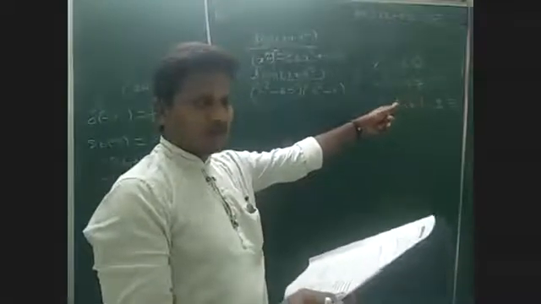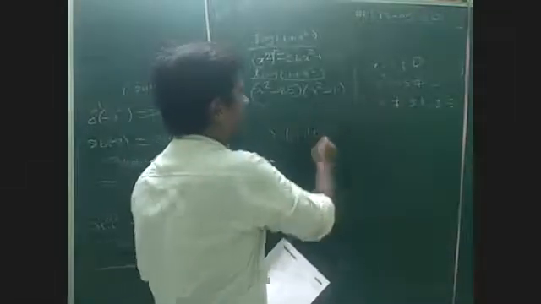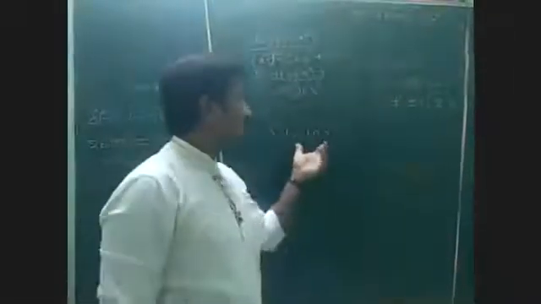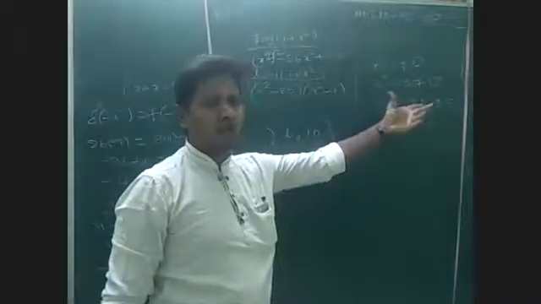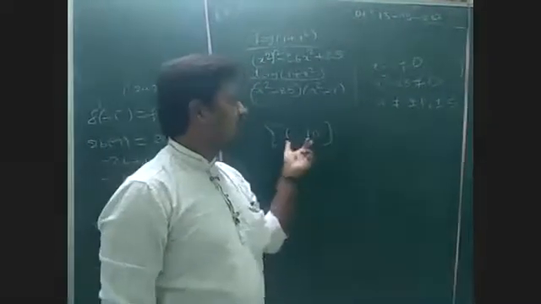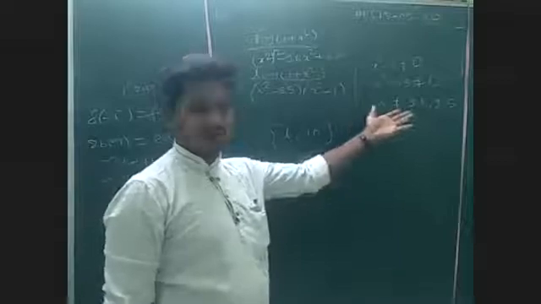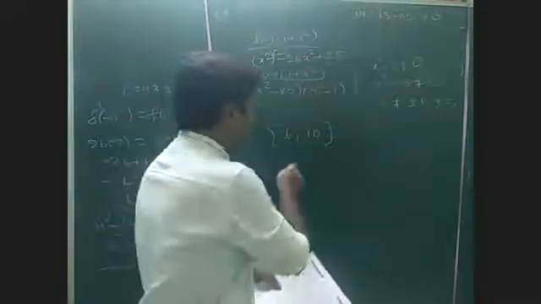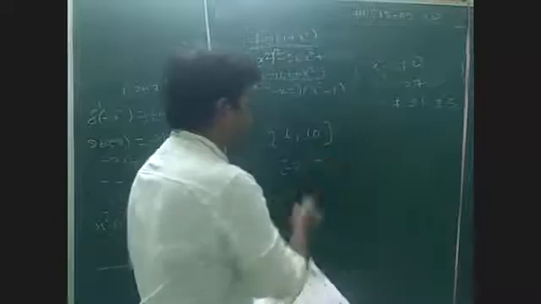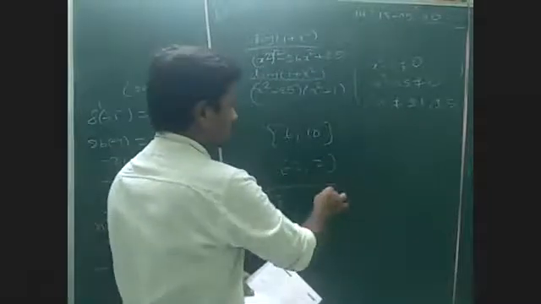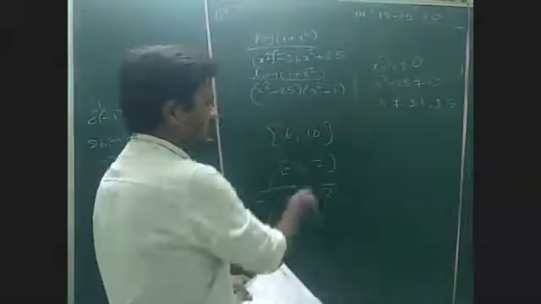Yes. For example, take the first option, 6 to 10. In this interval, do we have any of these values? No. It is more than 5, so it does not contain those values. Second, minus 2 to 2. Here minus 1 will be there, so it is wrong.